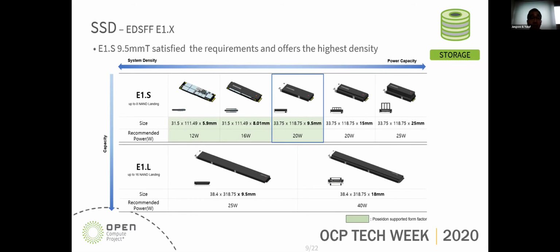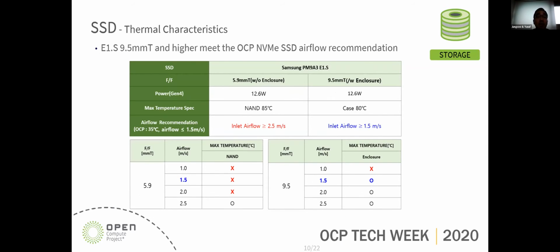According to our simulation results, 9.5 millimeter or less was the optimal thickness because the power consumption of a PCI Gen 4 E1.S SSD was less than 13 watts, and it offers the highest density compared to the other thicknesses. We also simulated the SSDs to see the thermal characteristics of E1.S.